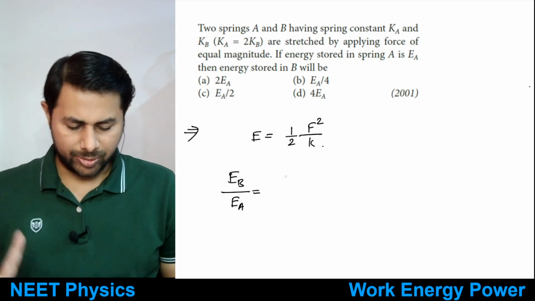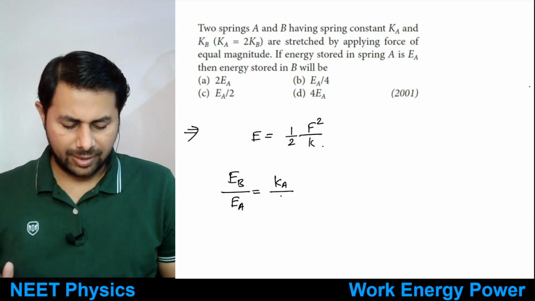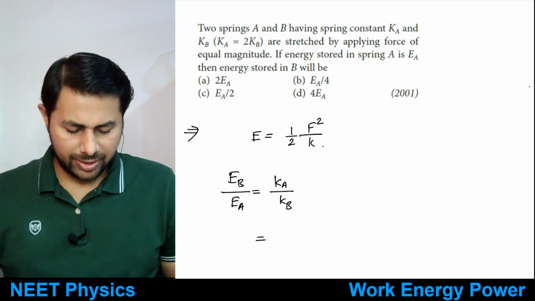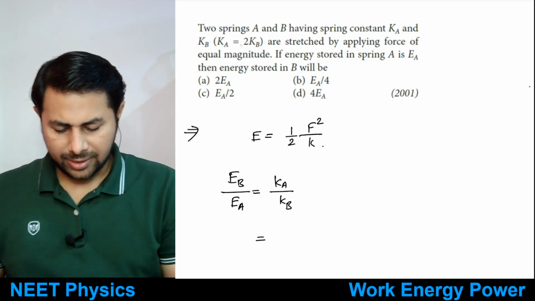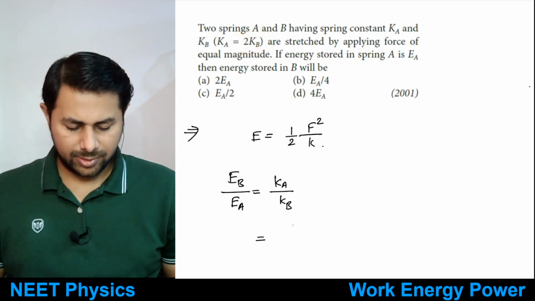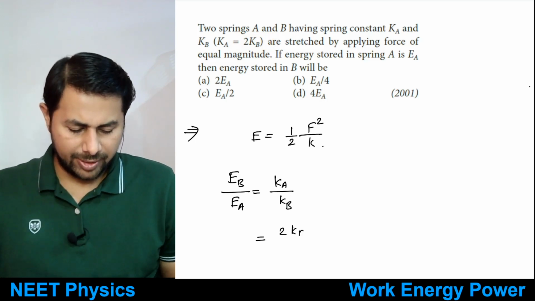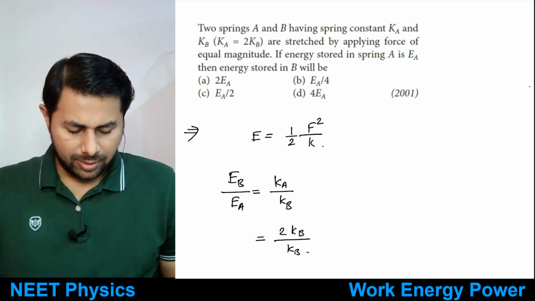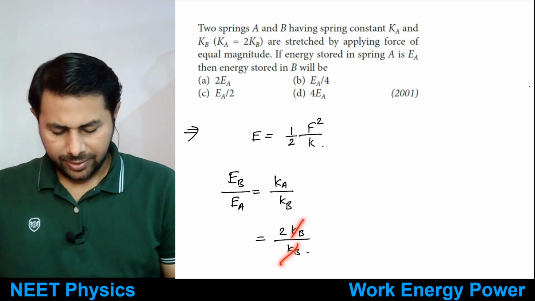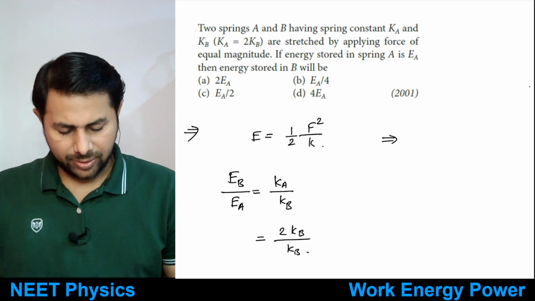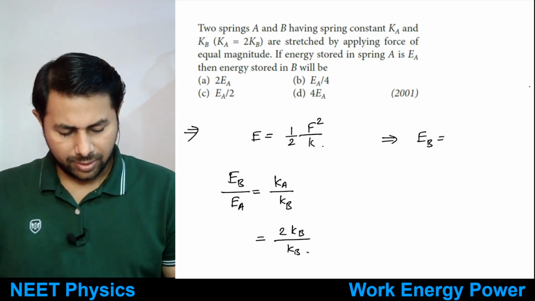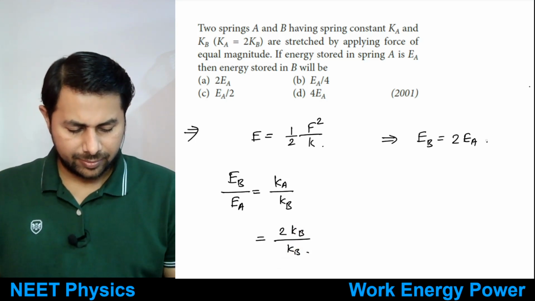It's inversely proportional, so it is Ka by Kb. So very simple question, and K is equal to 2 Kb, so Ka by Kb is 2. Put K is equal to 2 times Kb, so that Kb gets cancelled, and therefore you get Eb is equal to 2 times Ea.